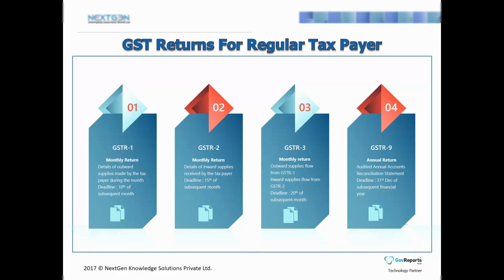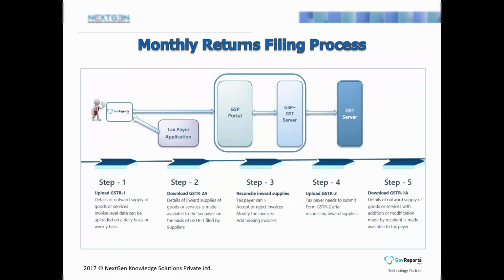Due to shortage of time, we are not discussing the returns which are required to be filed by other taxpayers. Now let us have a look at the monthly return filing process. Step 1 is that the taxpayer needs to upload the data of his outward supply of goods or services to the GST portal.